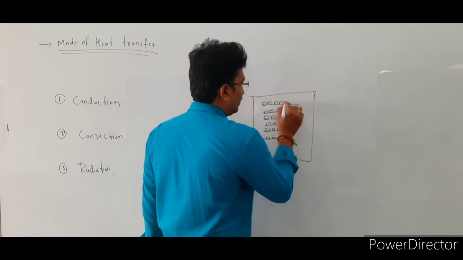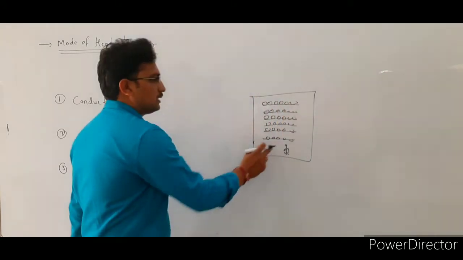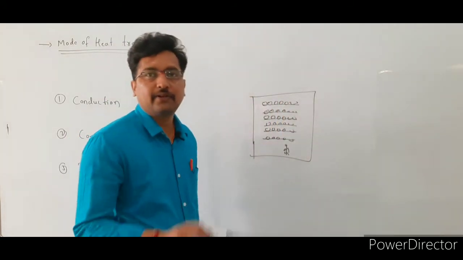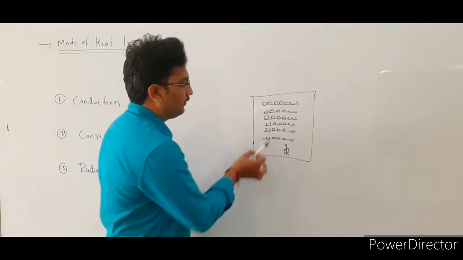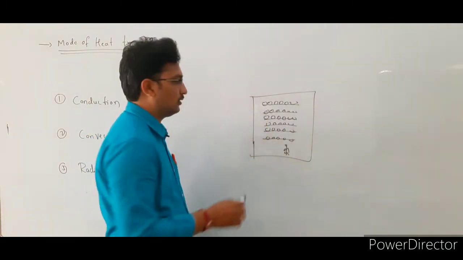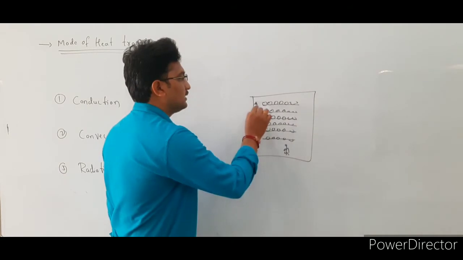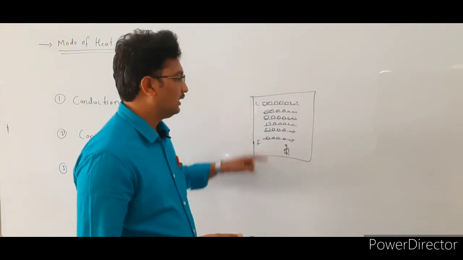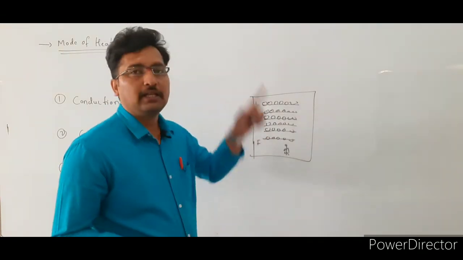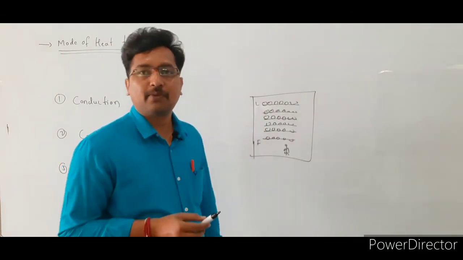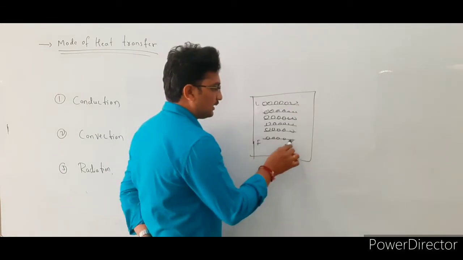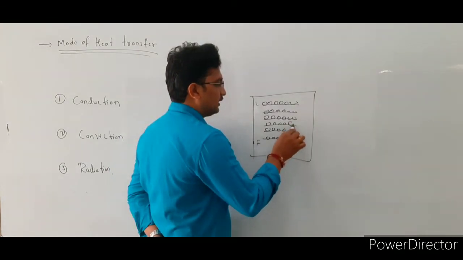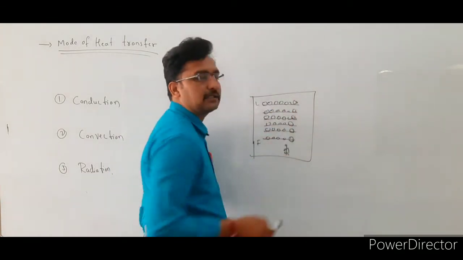This person wants to transfer this pen from first bench to last bench. In how many different ways can he transfer this pen from first bench to last bench? Let us assume this is the first person, second person, third, fourth, fifth and sixth person.